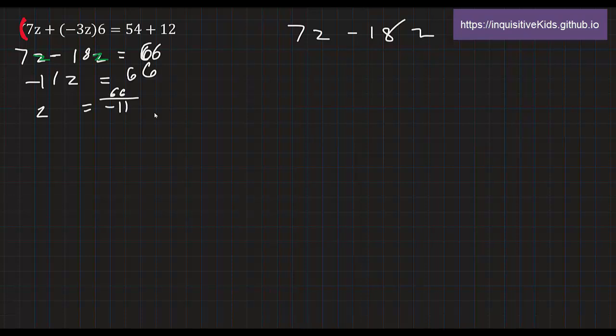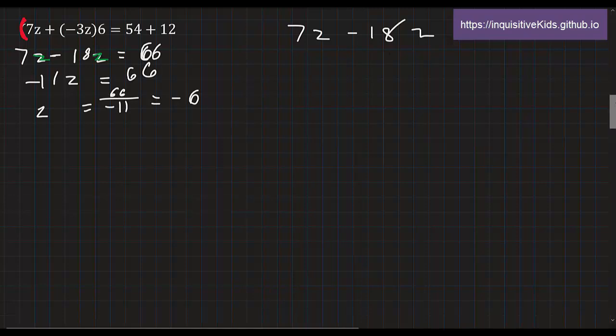Well, we know that 66 is a positive number, and negative 11 is a negative number. So the answer has to have a negative sign in it. And now we look at the absolute value, which is 66 divided by 11, and we have 6. So together, z will be equal to negative 6.